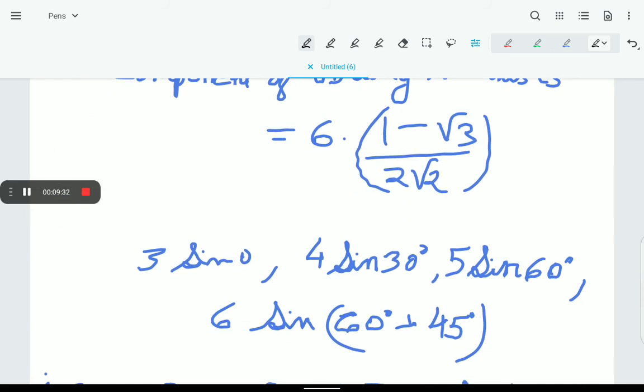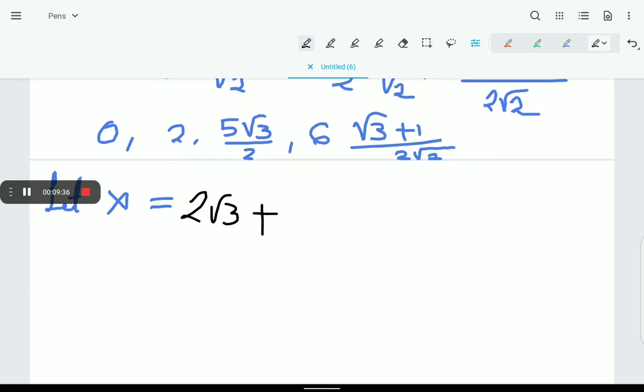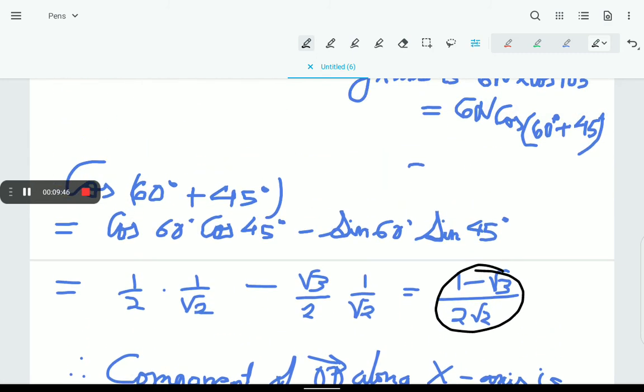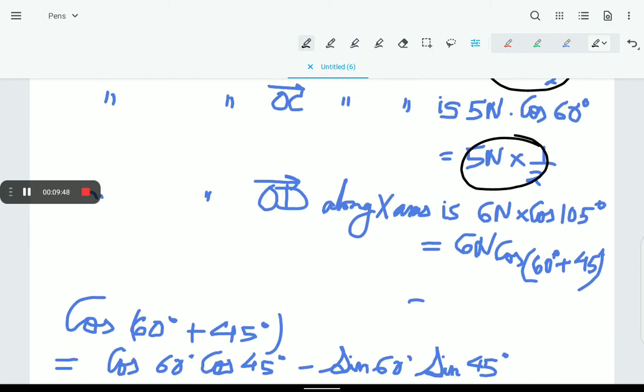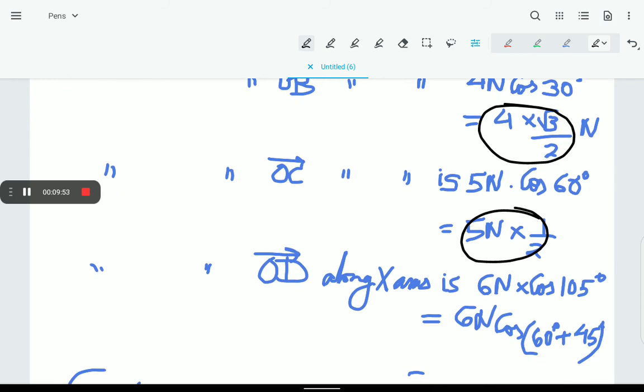Once again, first one is 3 Newton. Second one is 2 root 3.